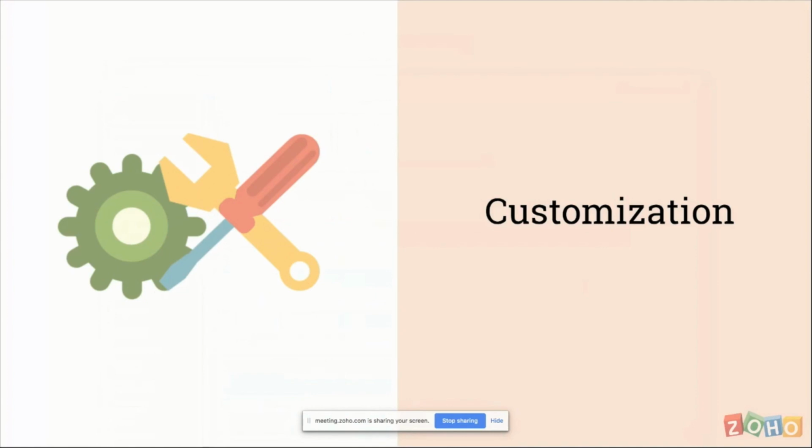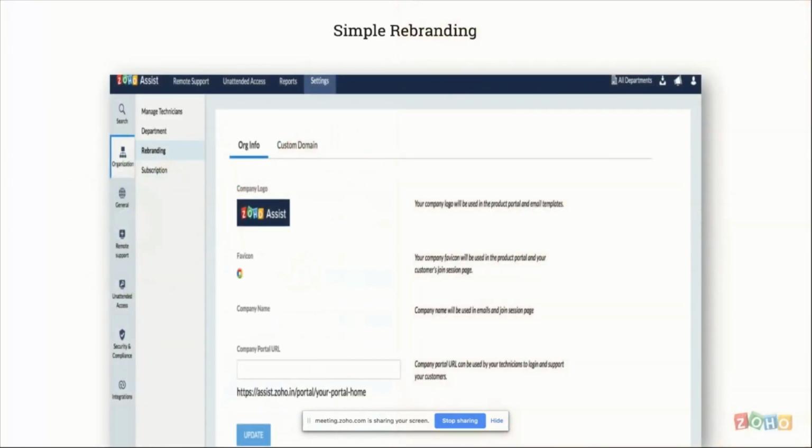I also wanted to say that the customer widget can be embedded so that you can allow your customers to join your remote sessions from your own website or blog. So this could actually gain trust between the two. You can also explore the customization field in Zoho Assist, for which we will be adding another link that gives you a step-by-step procedure. I'm just going to give a gist about simple branding.